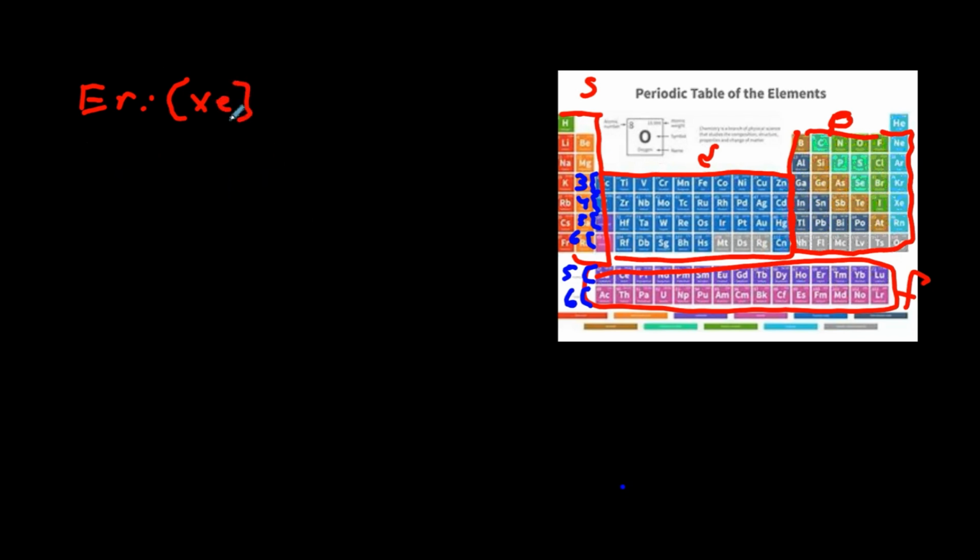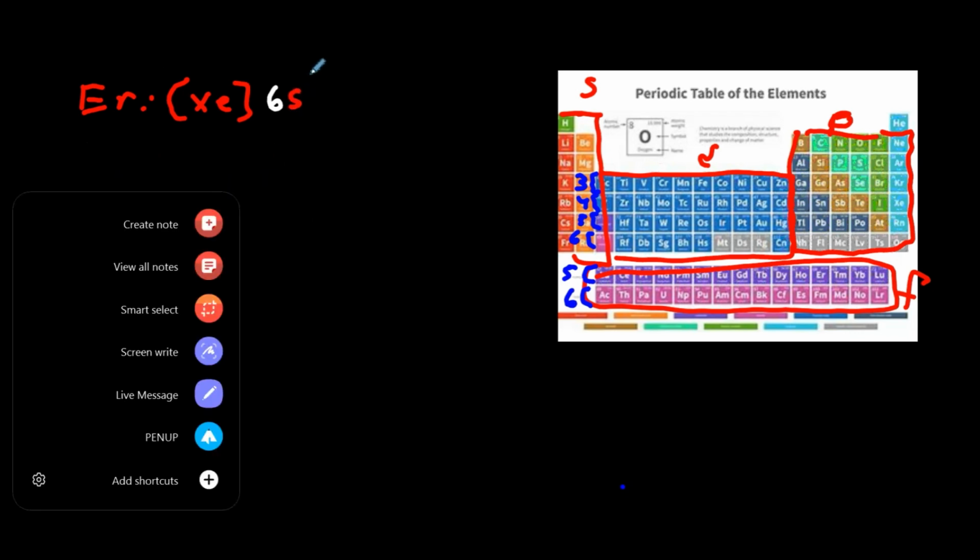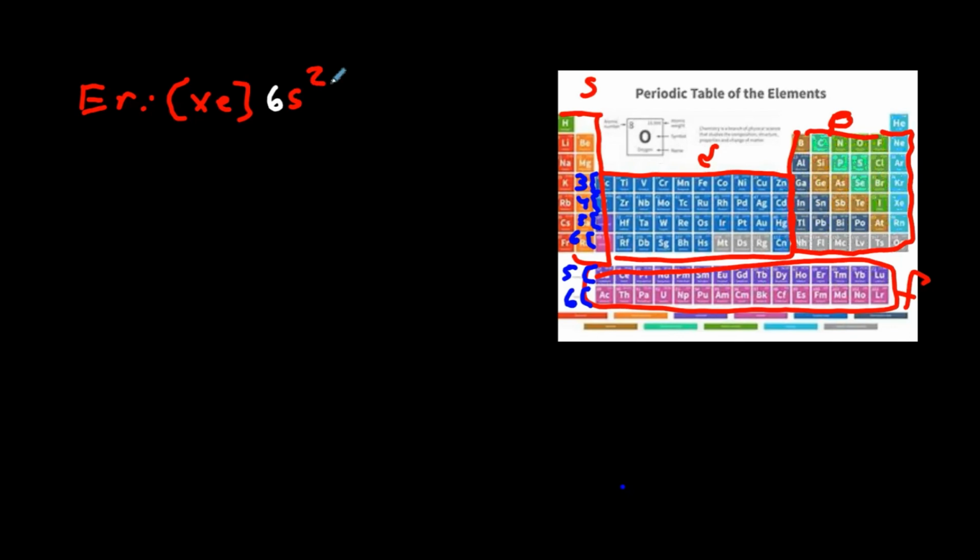And then we'll be in the 6th row. We'll be in s, and the orbital will be full. And then, instead of the d's, we'll have the f's. So after 6s2 will be 4f.